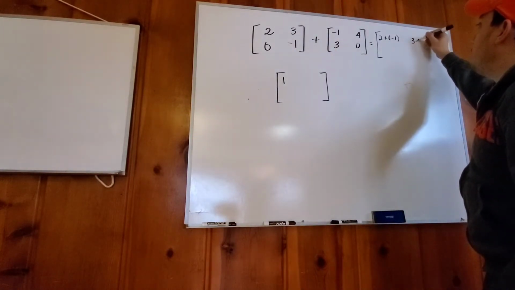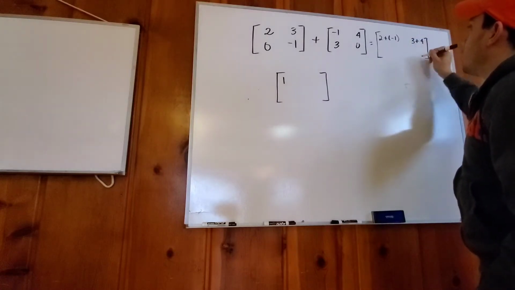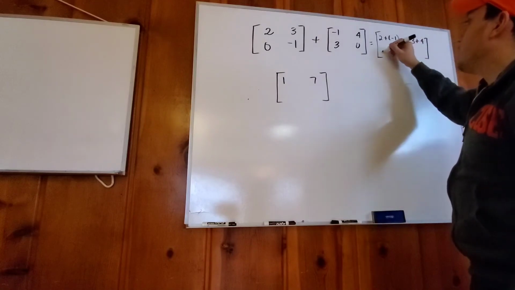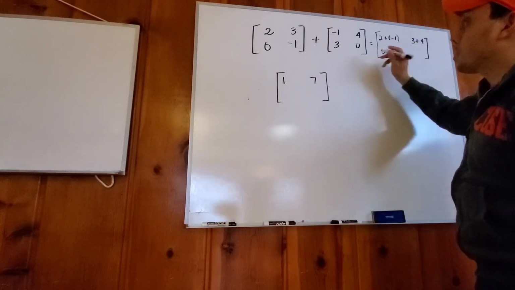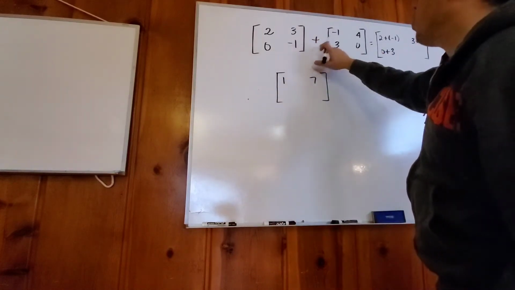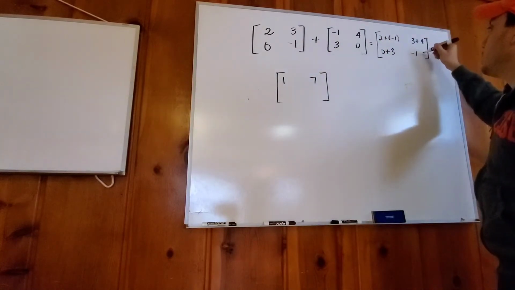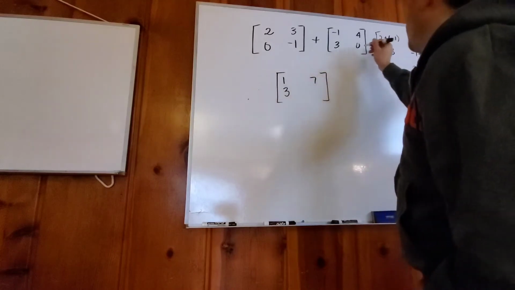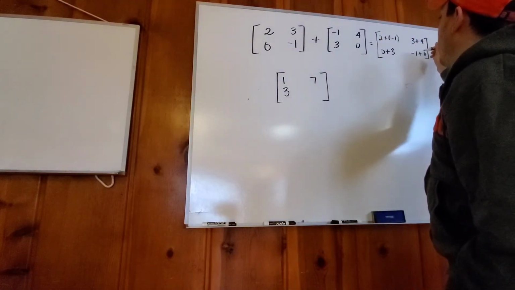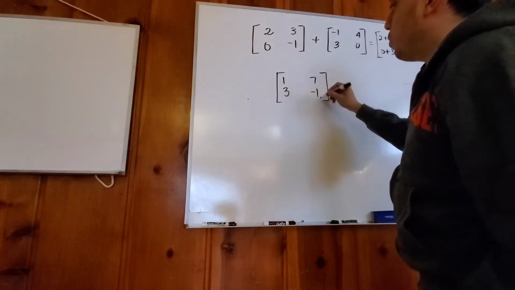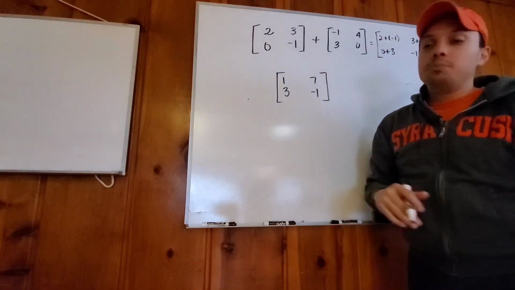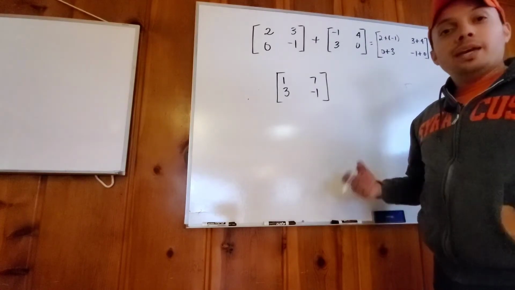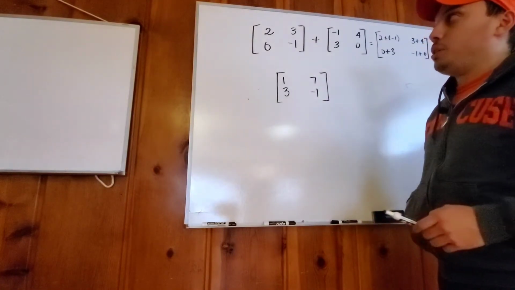So it's going to be 7. Yep, that's right. That's how hard it is. Then we're going to add 0 plus 3, and then we're going to add negative 1 plus 0. Whoa, crazy. So 0 plus 3 is going to be 3, and negative 1 plus 0 is going to be negative 1. This is my resultant matrix. This is my answer, 1, 7, 3, negative 1. And that's how you add matrices.